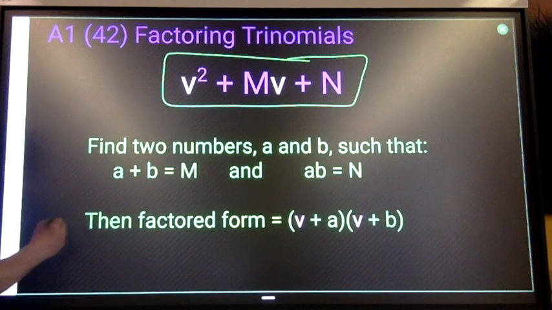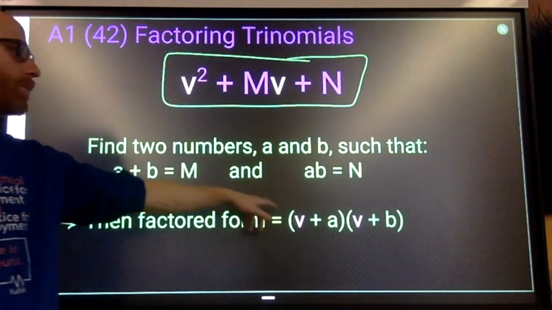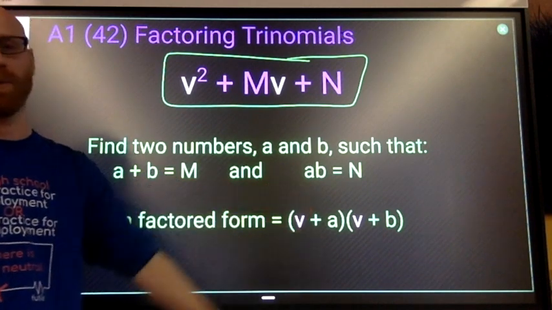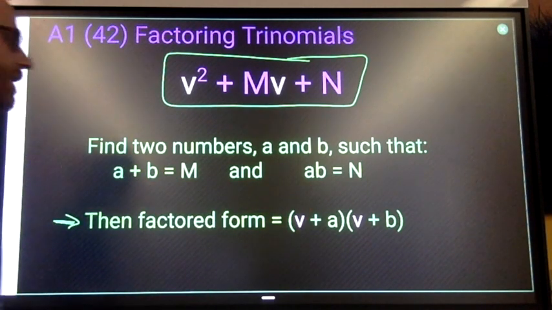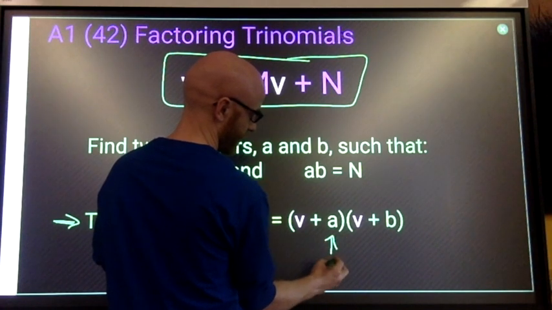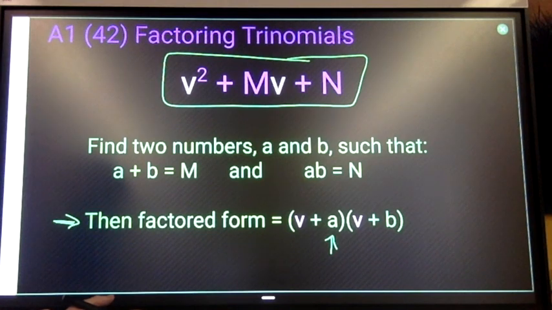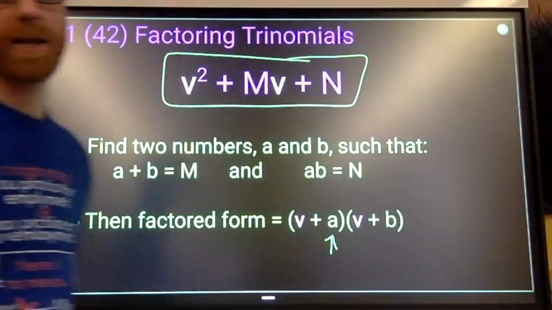When you've found those, then your factored form is going to be variable plus a times variable plus b. Sometimes, if a or b is negative, you'll see a minus sign. So let's see how that works with some actual numbers.